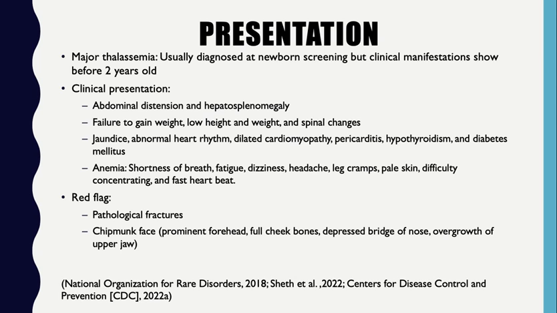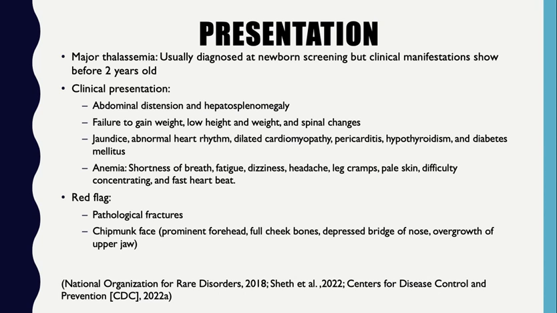Now, our red flags are going to be those pathological factors. Because the bone marrow is expanding, trying to increase the production of red blood cells and meet those needs, it tends to make the bones weaker, thus making them prone to pathological fractures. One of the hallmarks of beta thalassemia is the chipmunk face.